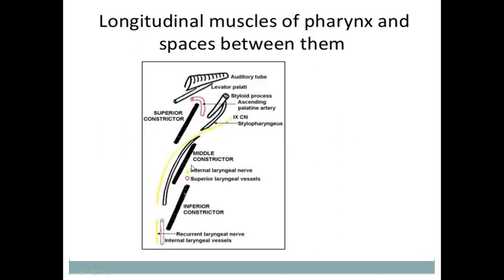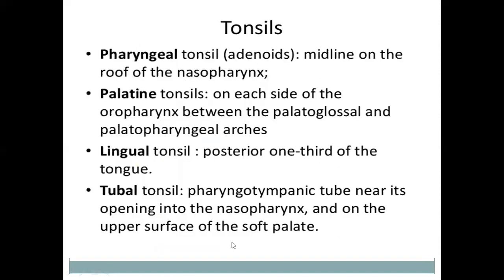And between the middle constrictor and the inferior constrictor, we have internal laryngeal nerve and superior laryngeal vessels. And lower down below the inferior constrictor, we have a recurrent laryngeal nerve and inferior laryngeal vessels. So these structures are very important.